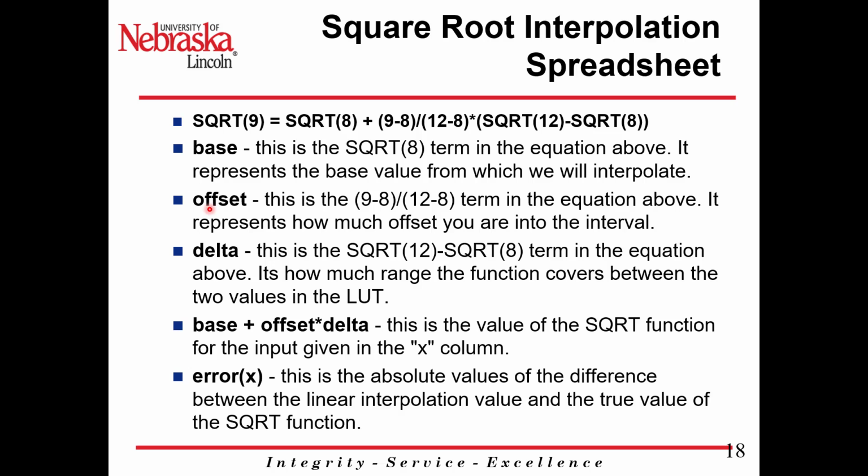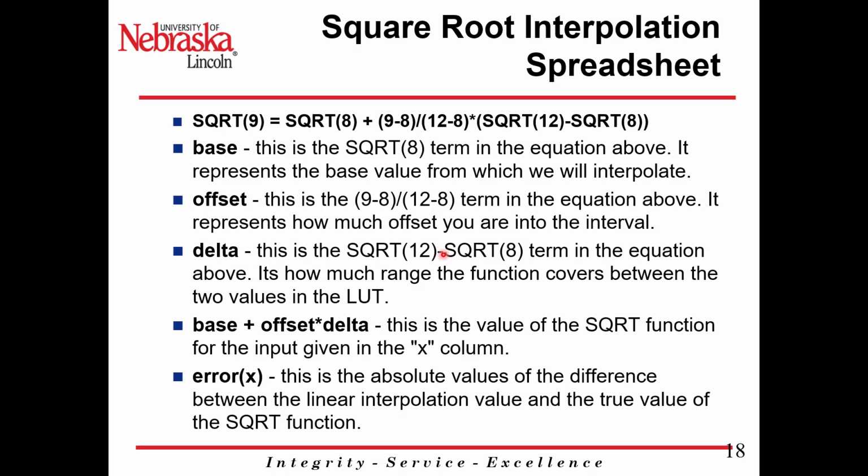We're going to have an offset. This is the 9 minus 8 over 12 minus 8 term in the equation above, basically factoring the distance between those two terms to essentially figure out how much offset we are going to put into that interval.